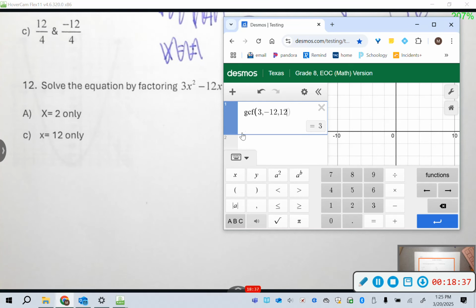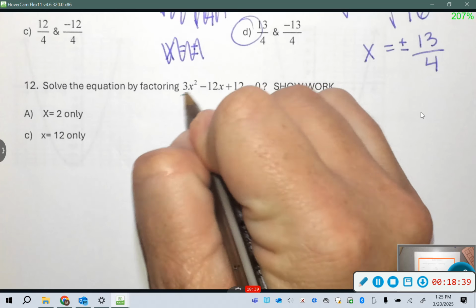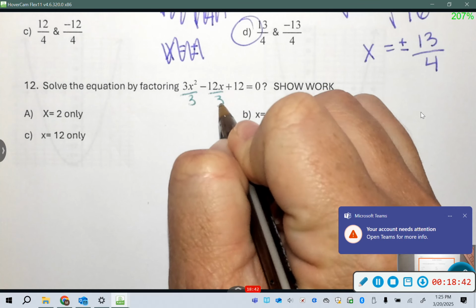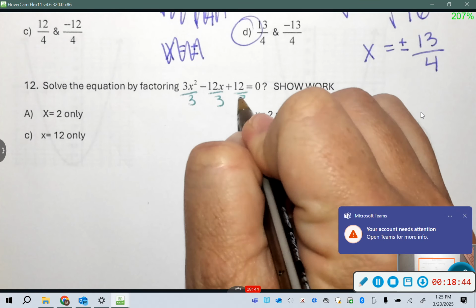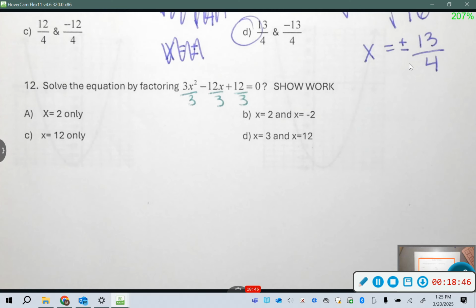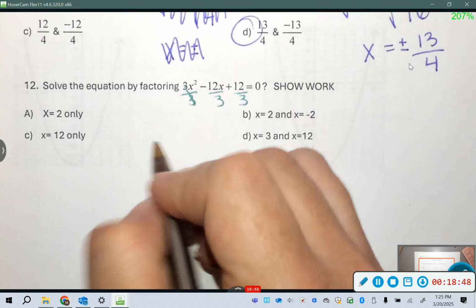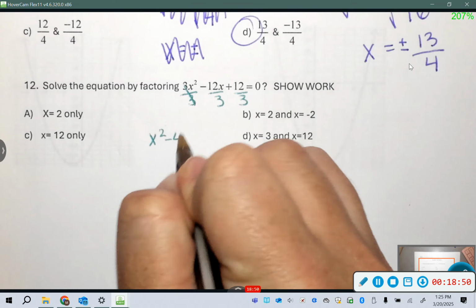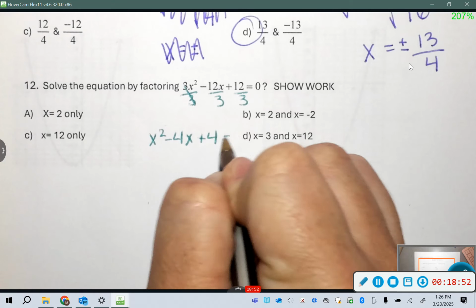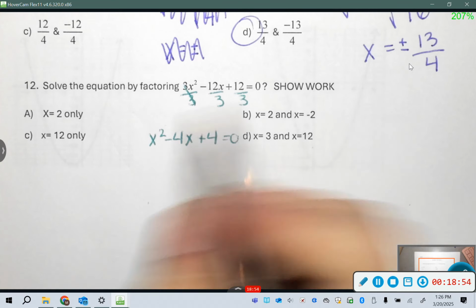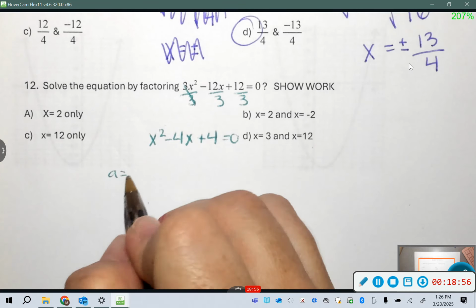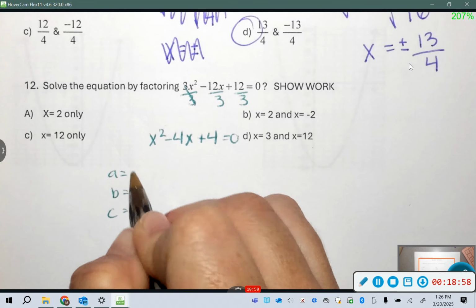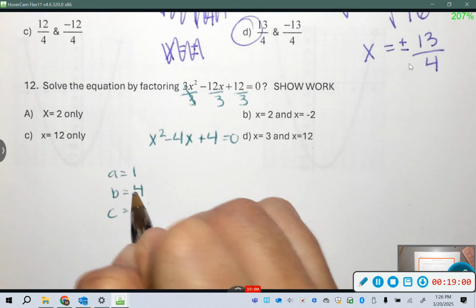So I'm going to divide that out. So divide by 3, divide by 3. Okay, so that leaves me with x squared minus 4x plus 4 equals 0. And again, it's already equal to 0, which is great. So now we're going to go ahead and check for our A, B, and C. 1, -4, and 4.